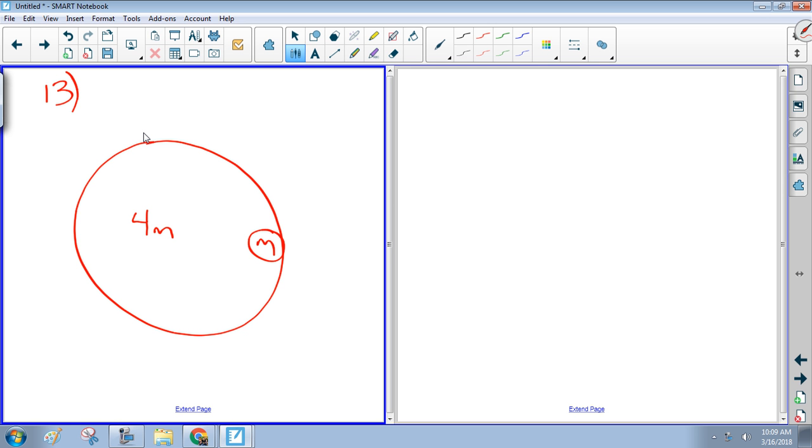And it says the disk can rotate freely about its center like a merry-go-round. Initially, the cockroach and the disk rotate together with an angular velocity of 0.26 radians per second, right? Then the cockroach walks halfway to the center of the disk.